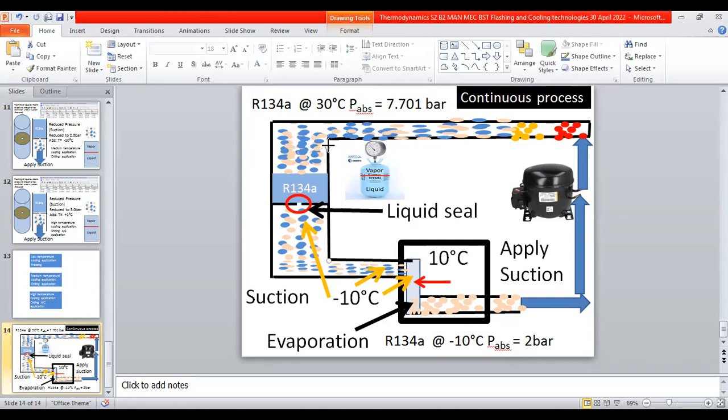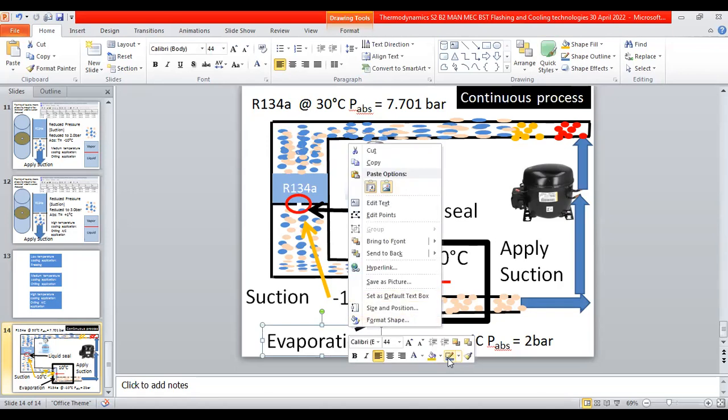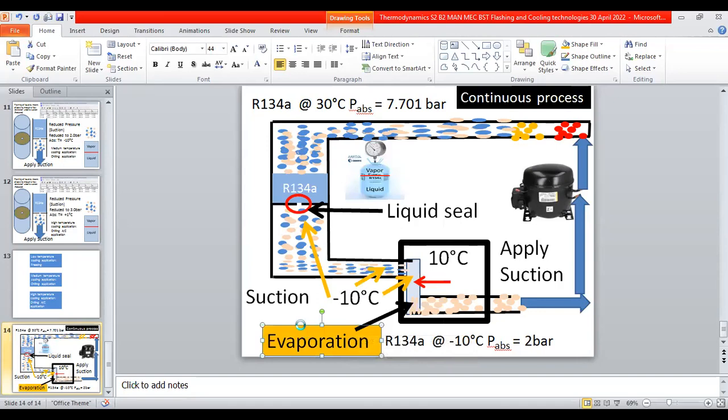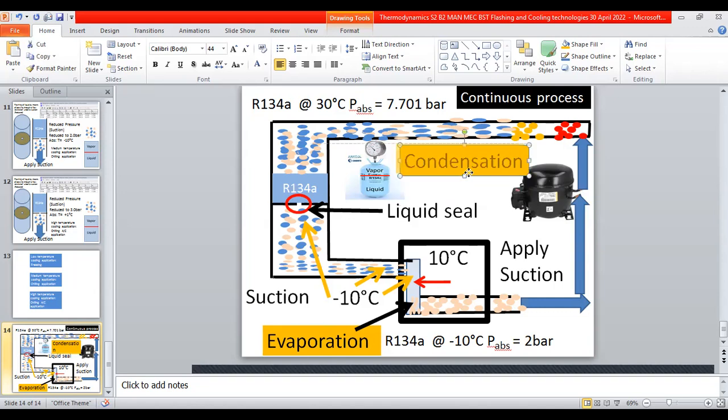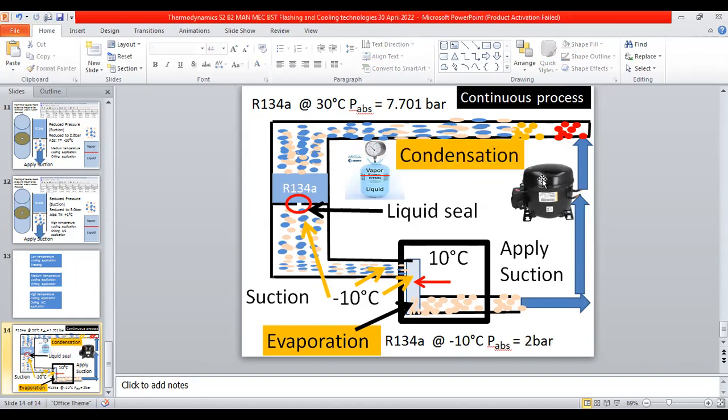Okay, the condensation process takes place, same like evaporation here. The condensation takes place here.